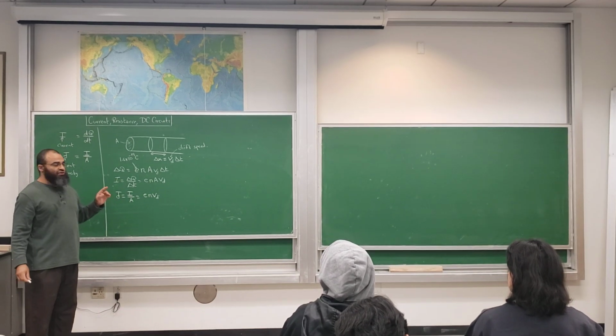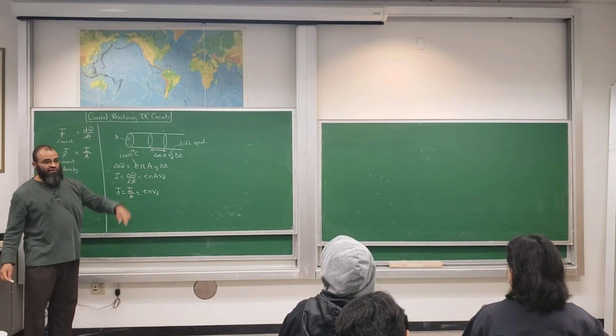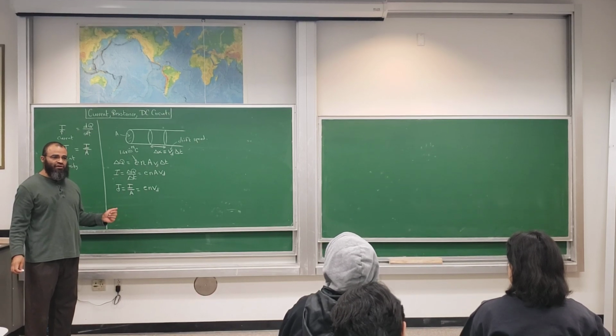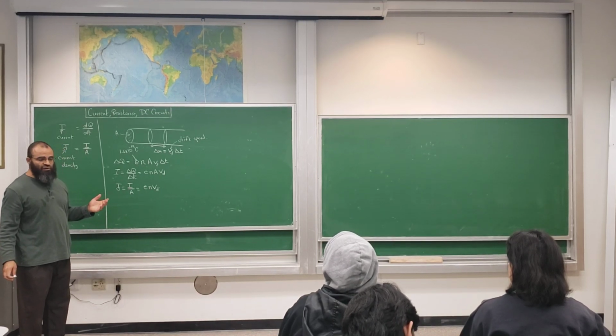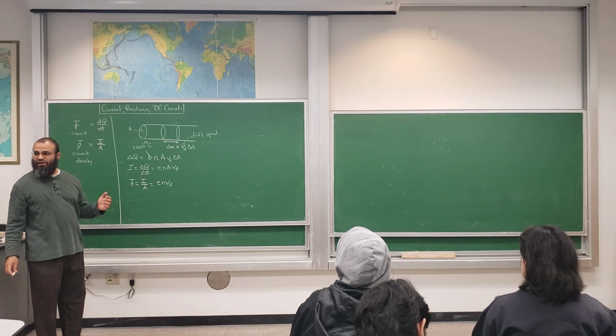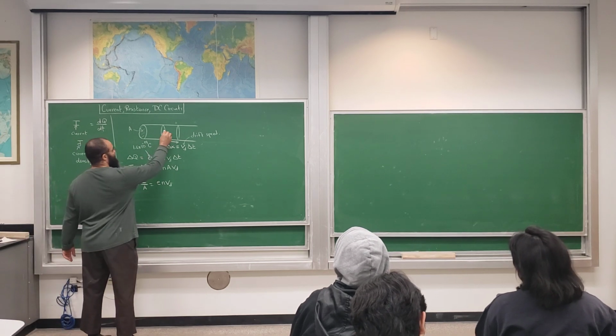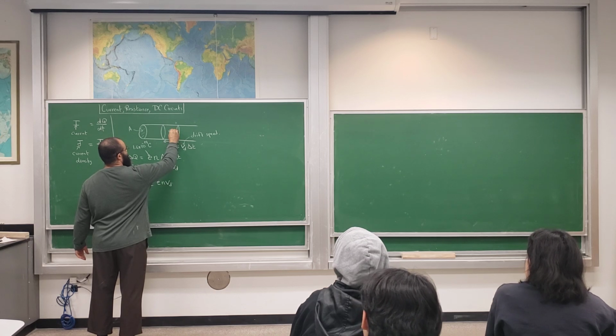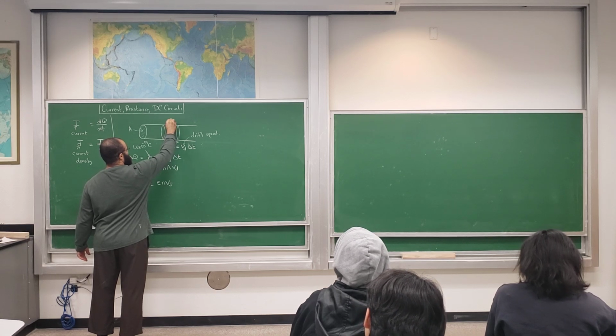So why would charges, let's say, move this way? Somebody has to apply a force to them, and that force would be from an electric field. Somebody has to apply an electric field. So let's say we have a positive charge here, and apply an electric field this way.